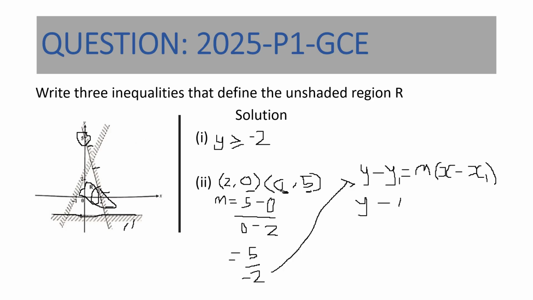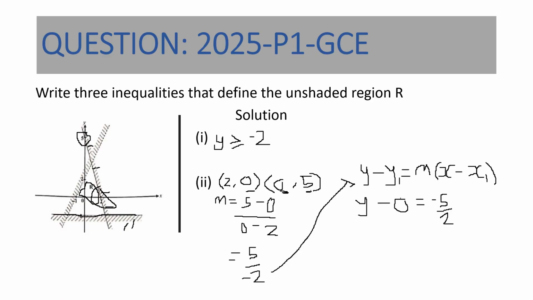Y1 was 0. So we shall maintain 0 as our y1. Equal to our gradient we have there, it's negative 5 over 2.